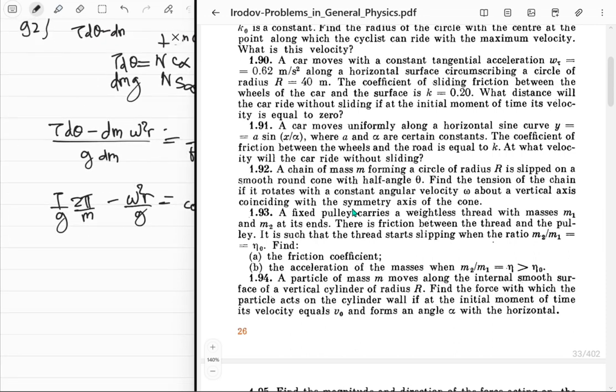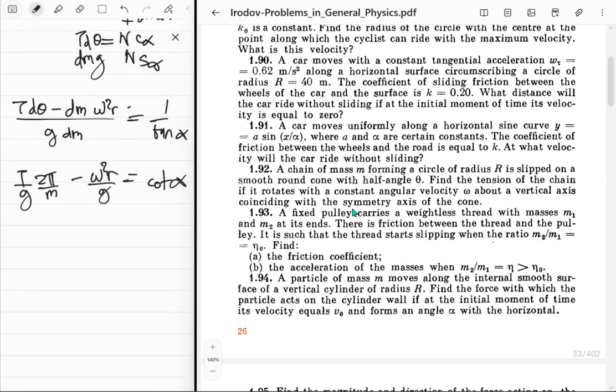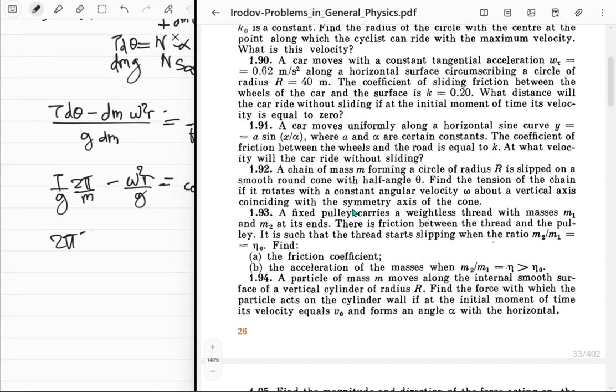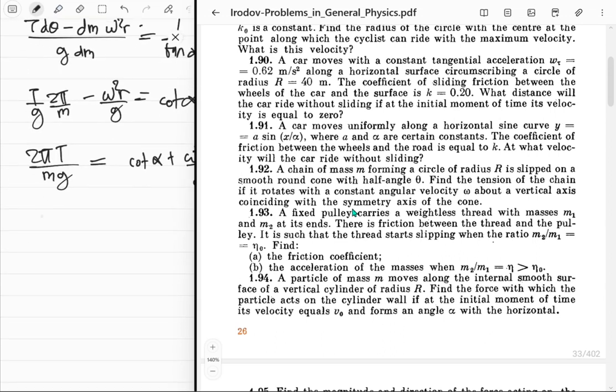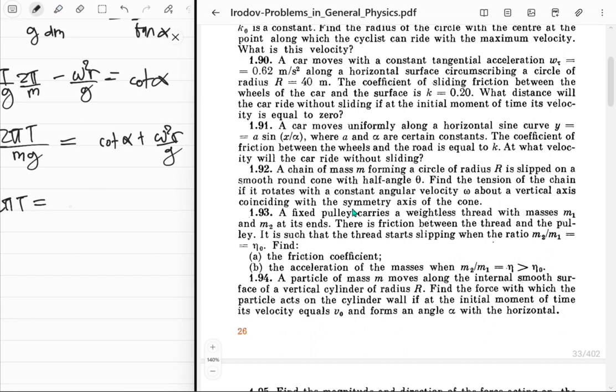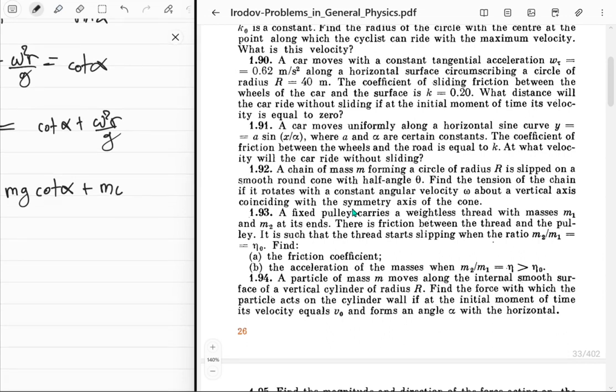So from here we can figure out what we wanted to figure out. Find the tension, of course. So 2 pi t upon mg is equal to cot alpha plus omega squared r upon g. So we just have 2 pi t is equal to mg cot alpha plus m omega squared r.